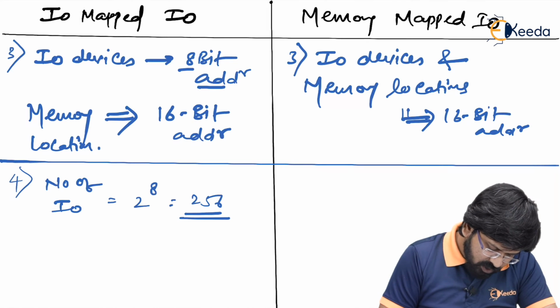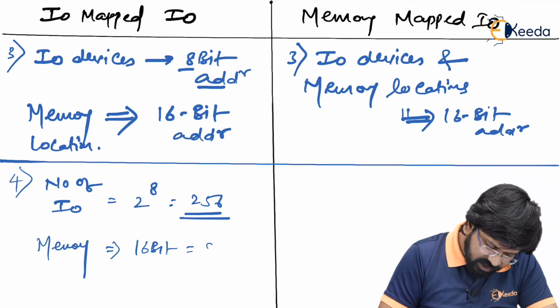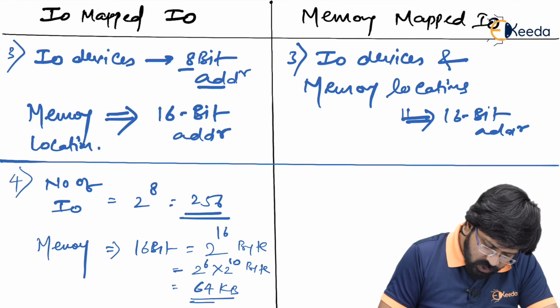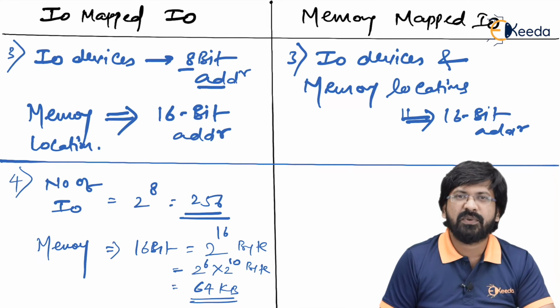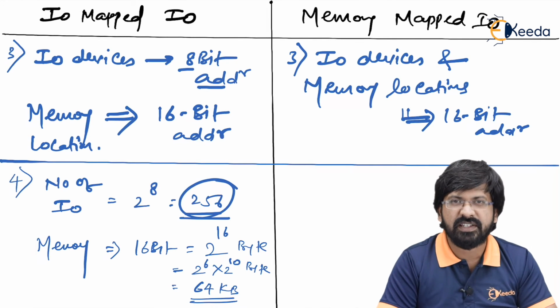Whereas when it comes to memory, since you have 16-bit address, you can access 2 to the power 16 bytes, which is nothing but 2 raised to 6 into 2 raised to 10 bytes, which is nothing but 64 kilobytes. So how much memory you can access is 64 KB and how many IO devices you can access is 256 devices, right?